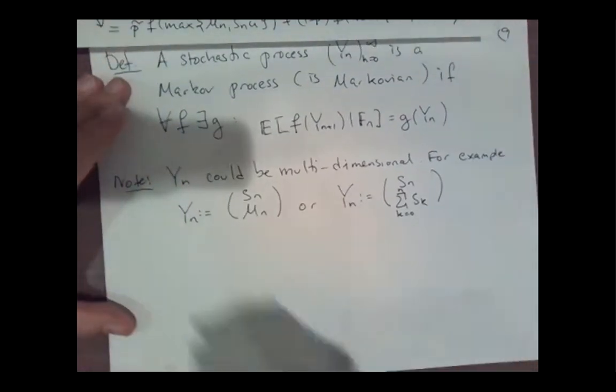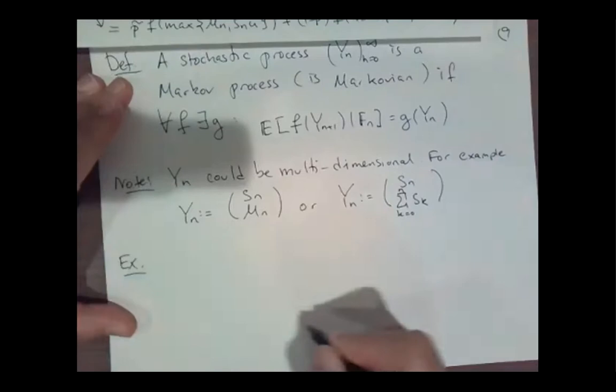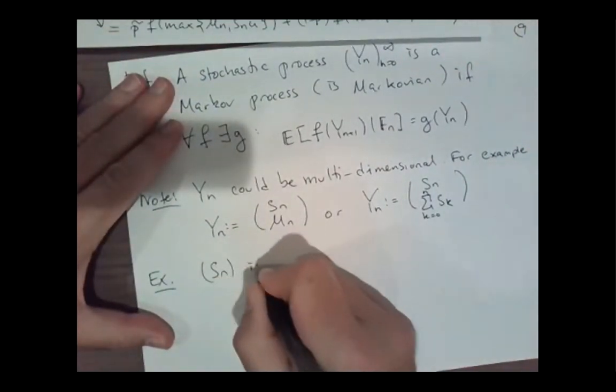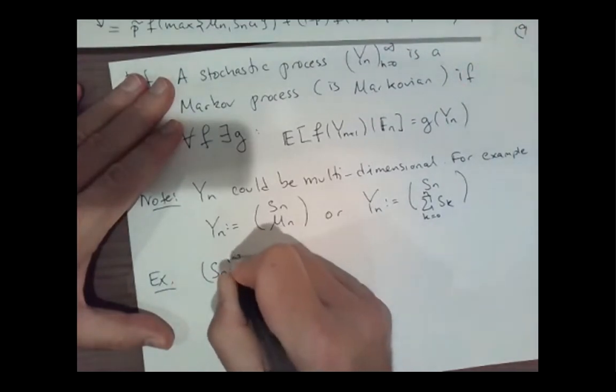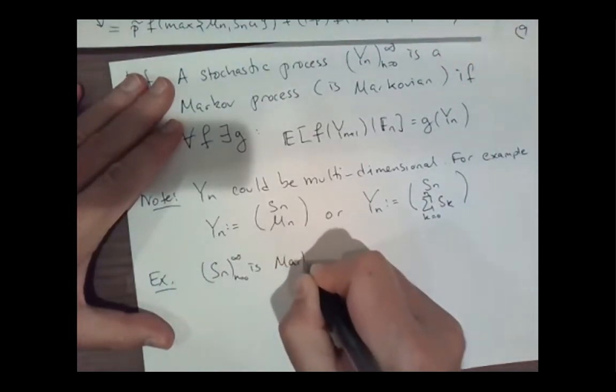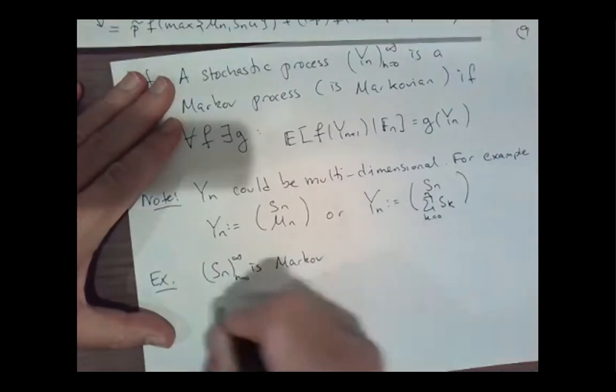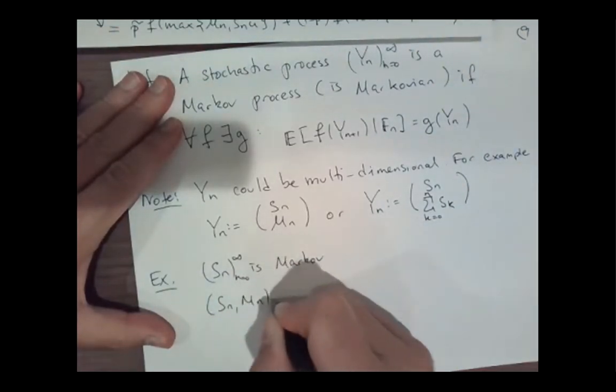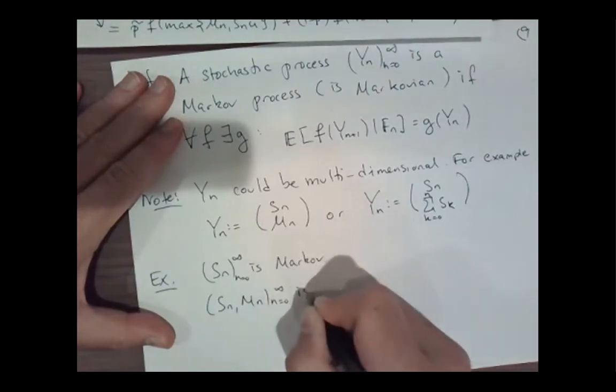So what we saw in the example was that Sn is Markov. We saw that when we combine it with M, this is Markov.